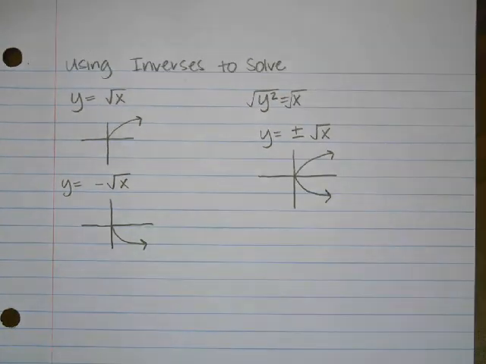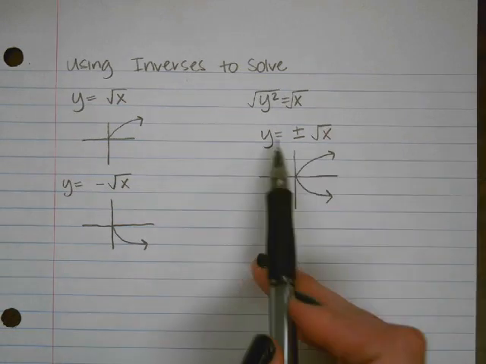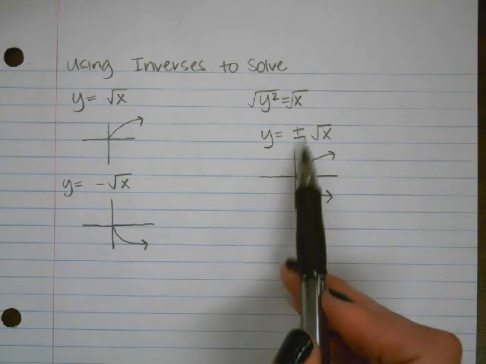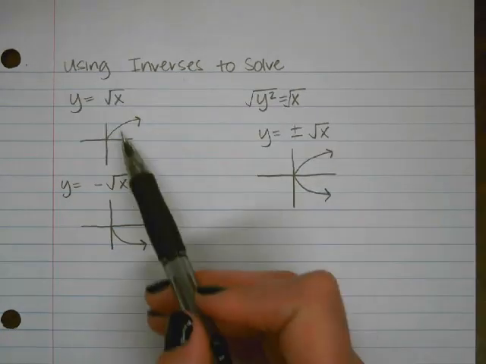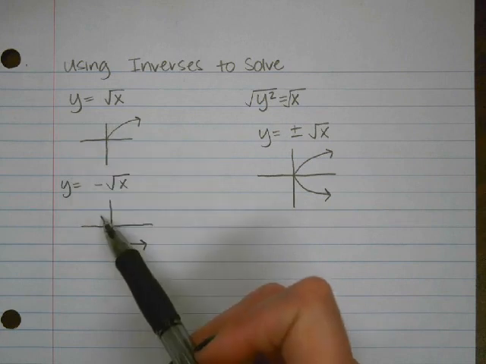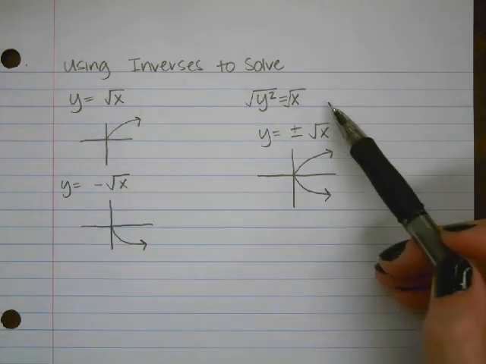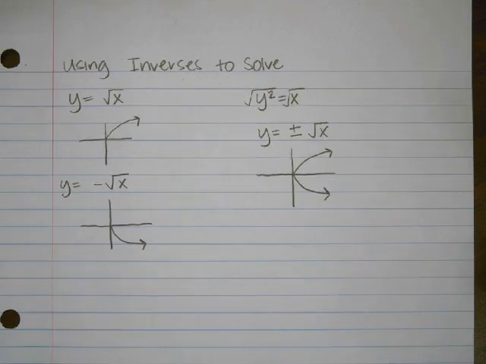So if they originally gave me an equation y squared equals x, what they gave me was not a function, because when I solve for y, I have to graph both of those, and it doesn't pass the vertical line test. So here's an example of a function. Here's an example of an equation that I can graph, but it's not a function.